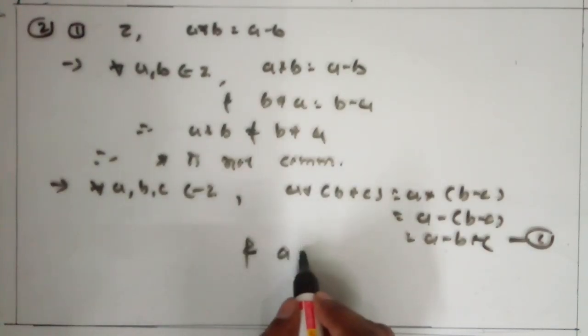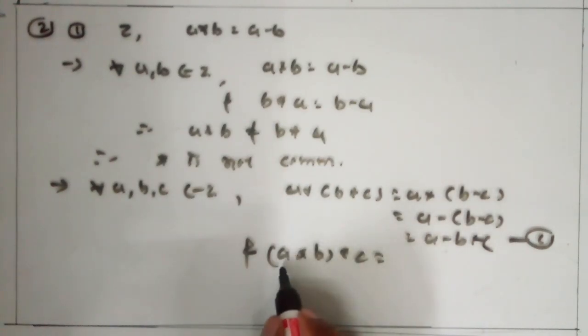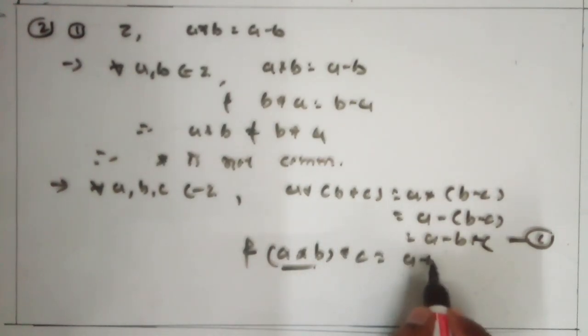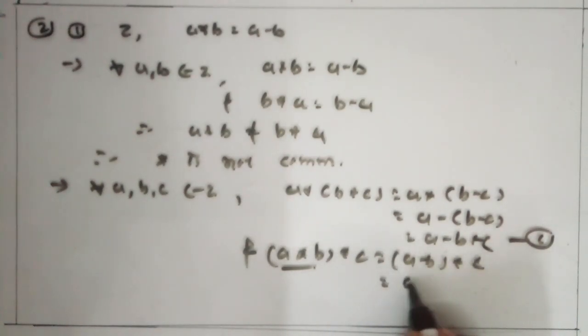And A star B, star C, is equal to A minus B, star C. The operation of these two numbers is A minus B minus C.